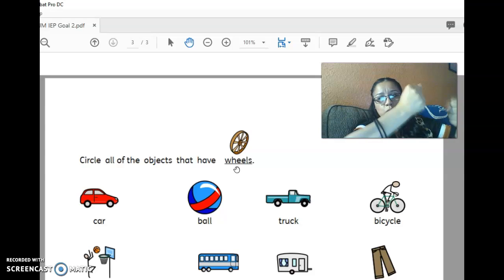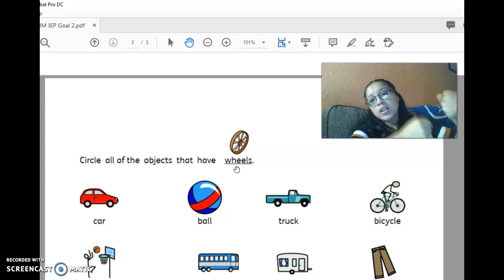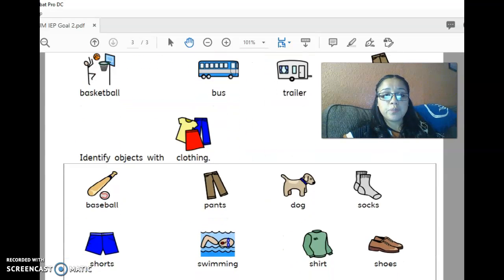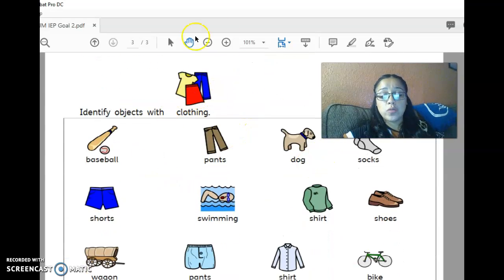Wheels help you move in a car or on a bike. And then you are going to circle objects of clothing. So remember, clothing can be your shirt, your sock, when you put on your shoes, all of that. So you're going to circle everything that is clothing. Once you are done, take a picture and we will submit it for a grade. Good luck. If you have any questions, please let me know.